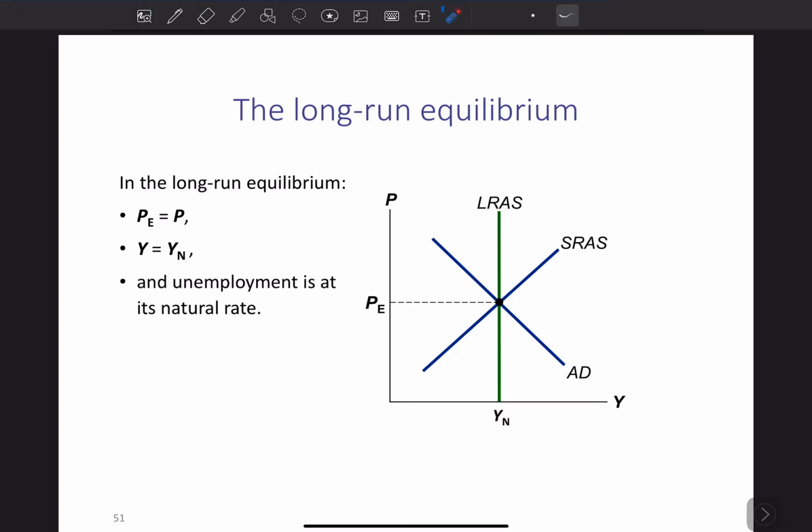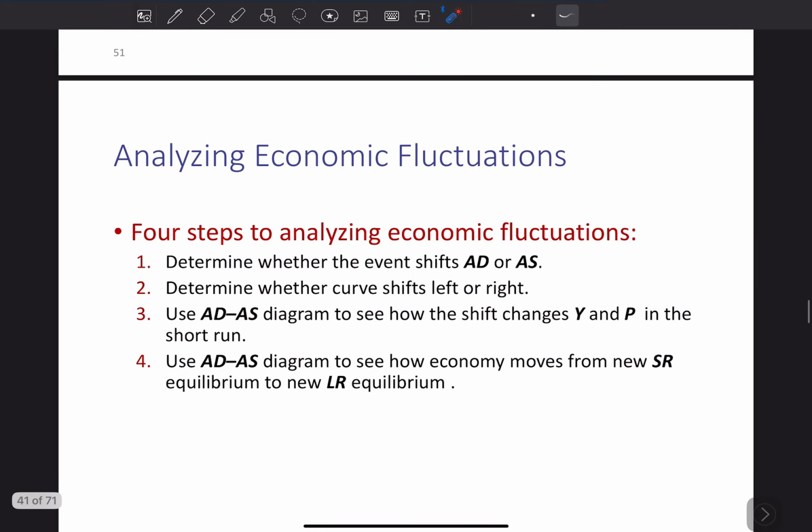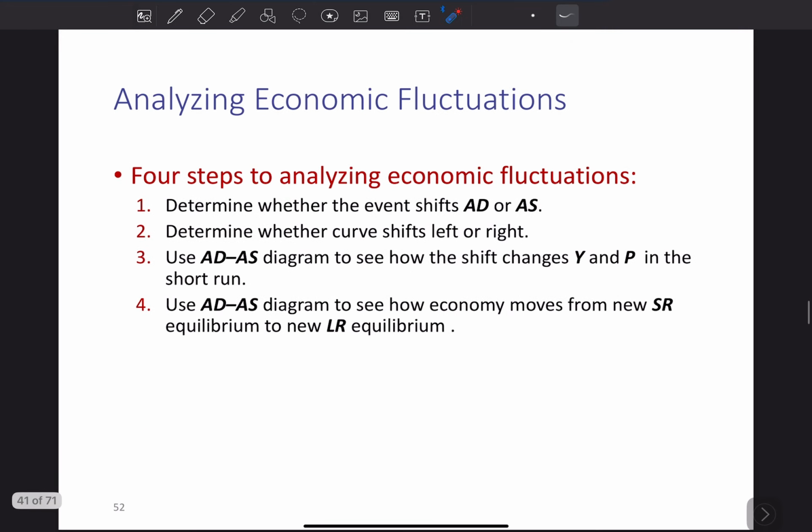Now let's assume that some event happens in this economy. How are we going to understand the effect of that event on this equilibrium? Let's follow the same four steps that we discussed earlier this semester in the topic of supply and demand for just one good.